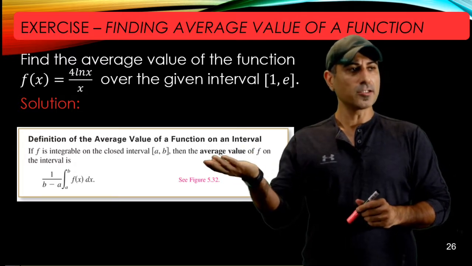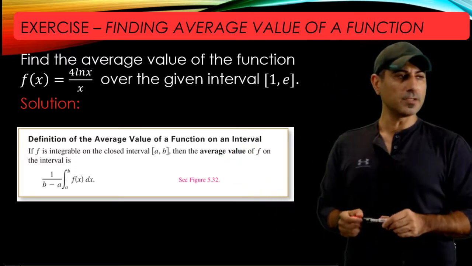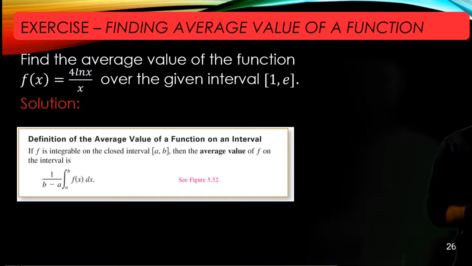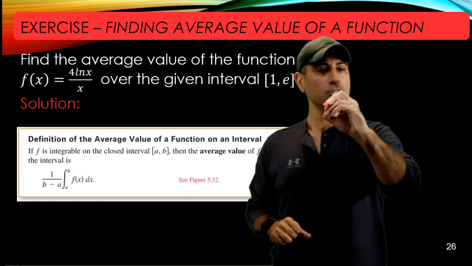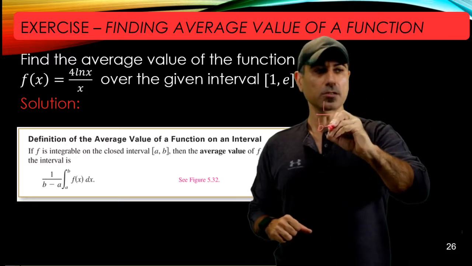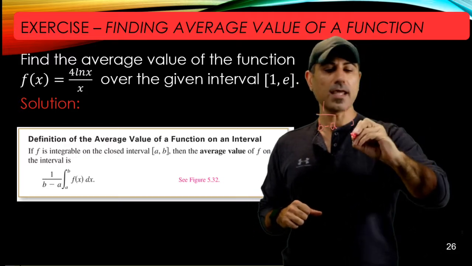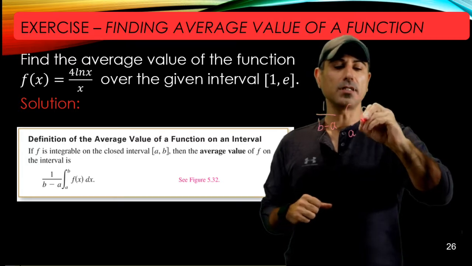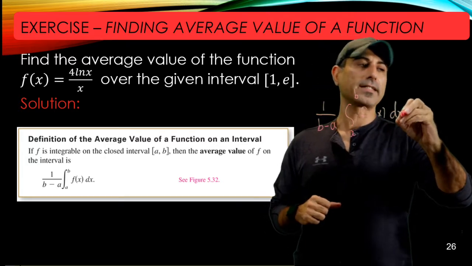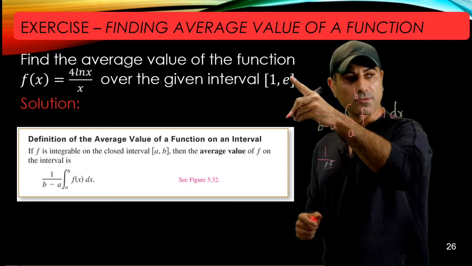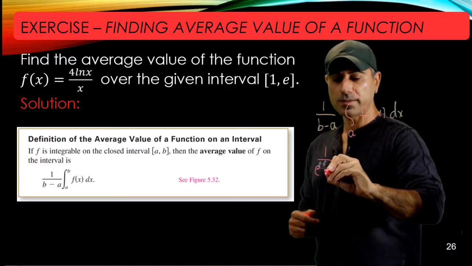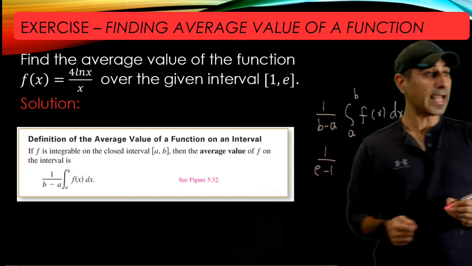So if you have an integrable function on a closed interval a and b, then the average value of the function on the same interval is 1 over b minus a times the integral from a to b of f of x dx. b in this problem is the right end of the interval, which is e, and 1 is the left end, so that's exactly what a is.